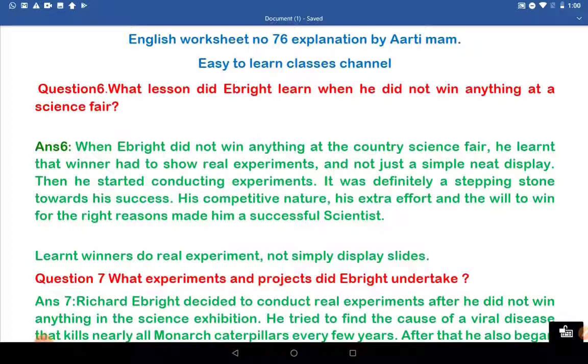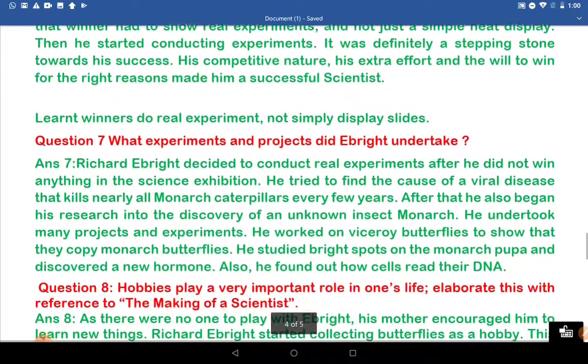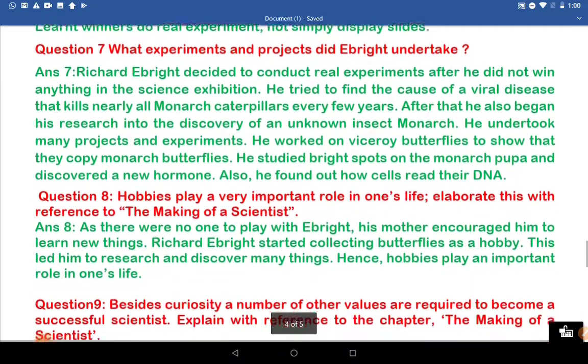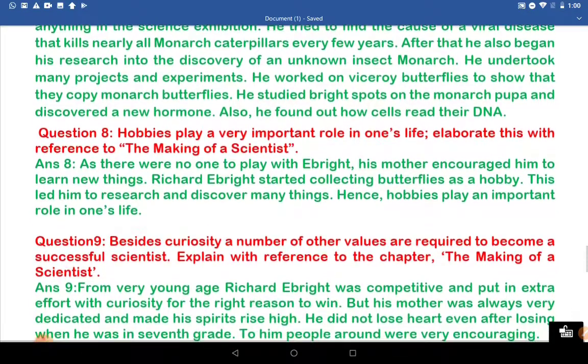He tried to find the cause of the viral diseases that kill nearly all monarch caterpillars every few years. After that, he also began his research into the discovery of an unknown insect, the monarch. He undertook many projects and experiments. He worked on viceroy butterflies to show that they copy monarch butterflies.